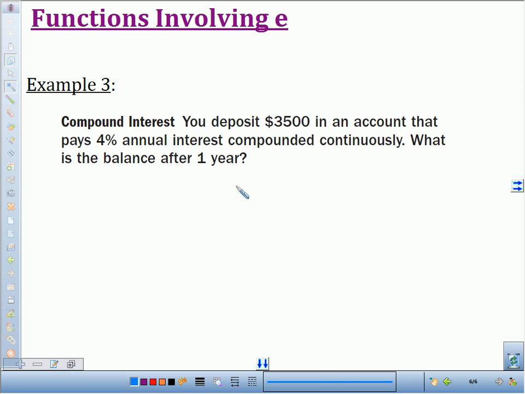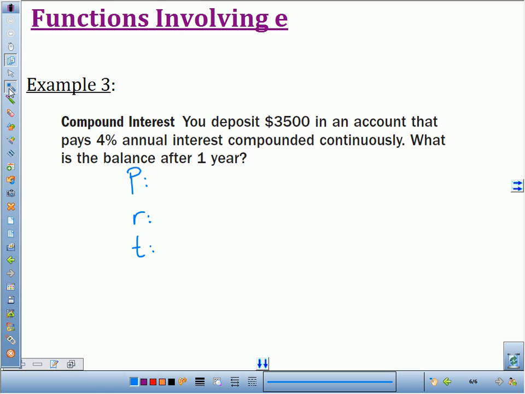Now let's look at an example of how we would use this. Unsurprisingly, it's going to be very similar to when we did compound interest that was compounded any other span of time. We have P, we have R, and we have T. And we need to pull those values out and use the formula. So let's look at this.